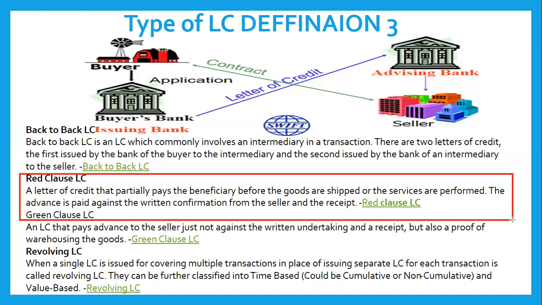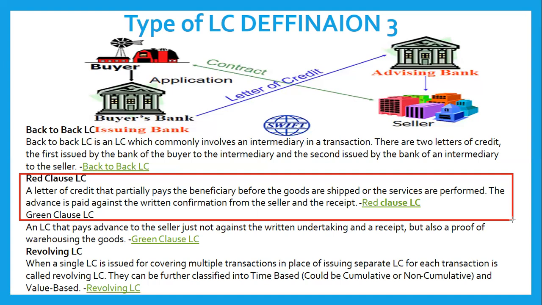Red clause LC. Sometimes you know the prices of goods are high and the supplier doesn't have funds for exporting the goods, like custom clearance charges, freight charges and all these kinds of charges. Also for the manufacturing process, if you do not have funds, in this case the supplier informs the buyer to open a red clause LC.